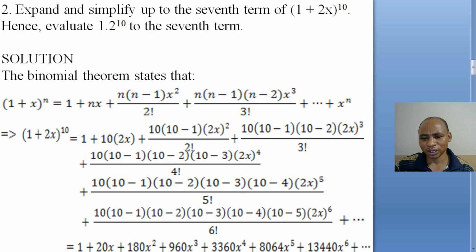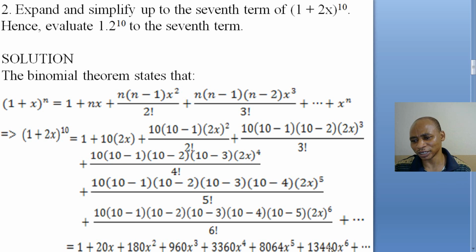Then in simplified form, we will end up getting 1 plus 20x plus 180x squared plus 960x cubed plus 3360x raised to the power 4 plus 8064x raised to the power 5 plus 13,440x raised to the power 6 plus and so on.